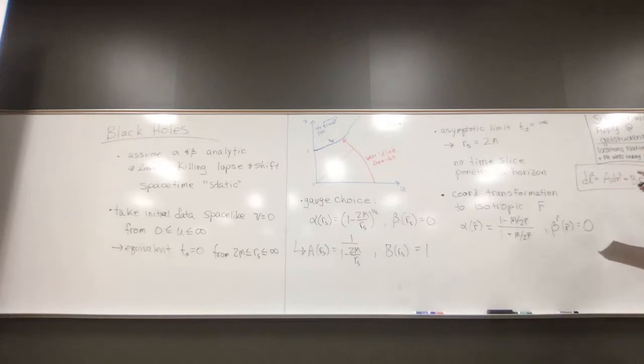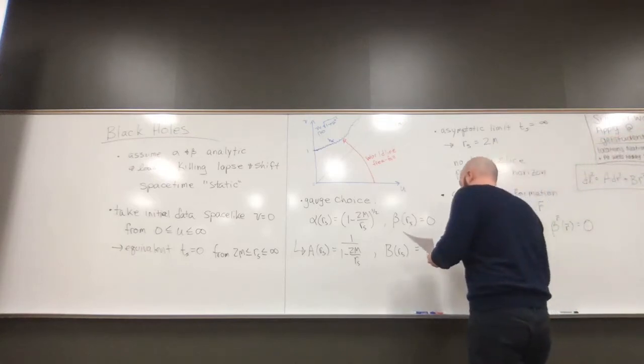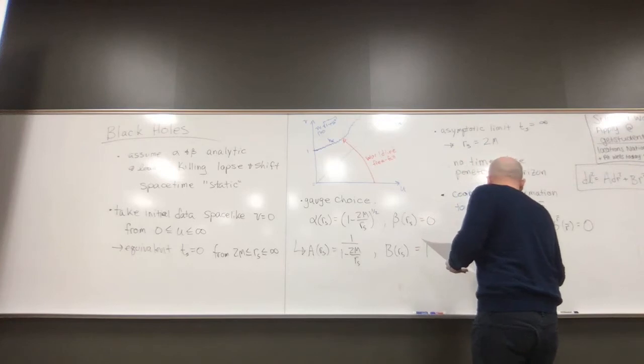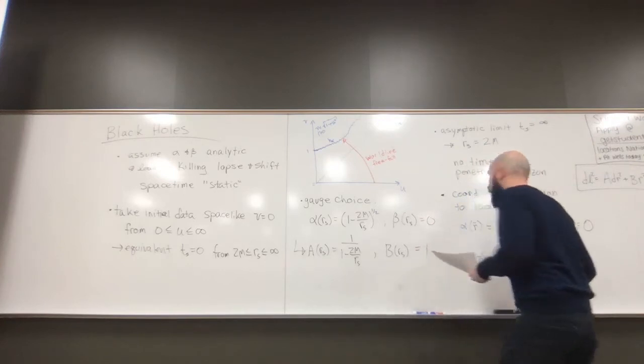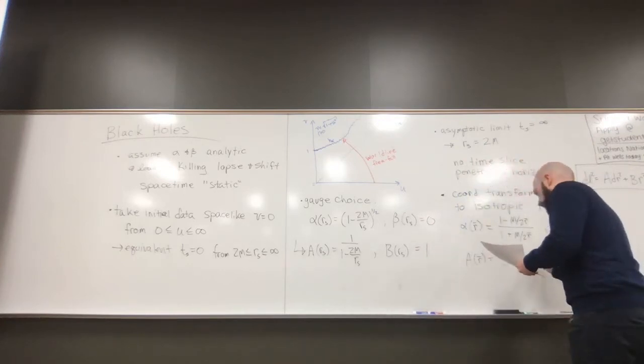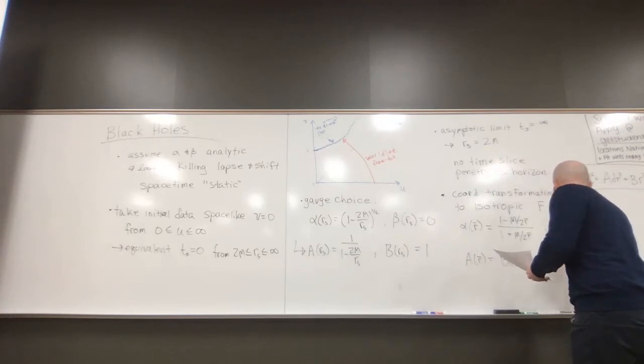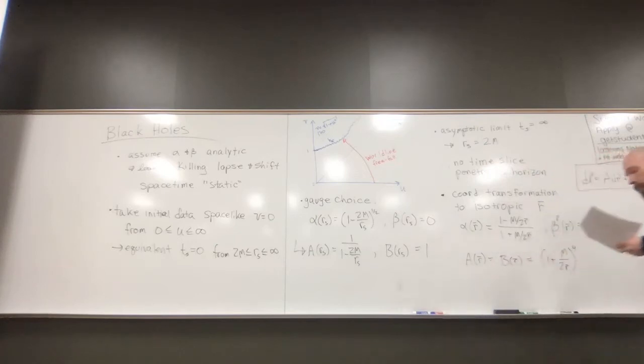Now plugging that into here to re-express my A and B, A of r bar is equal to B of r bar, as it must be for isotropic, which is equal to 1 plus m over 2r bar, all to the 4th power. This is the same time slicing as the Schwarzschild coordinates.